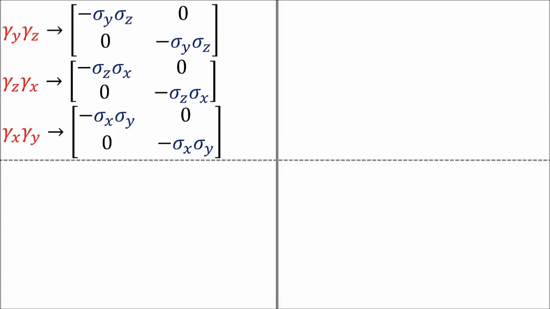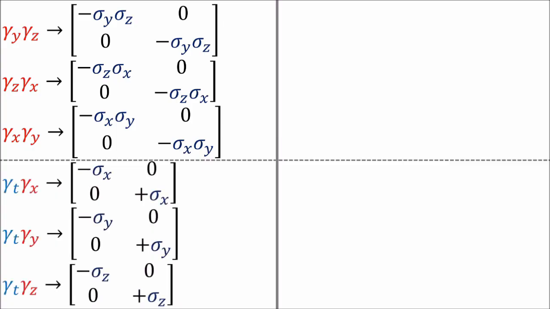For pairs of spatial gammas, the matrices have 2 identical blocks of sigma pairs, with a negative sign in front. Meanwhile, a combination of the time gamma and a spatial gamma gives blocks with a single sigma, where the top one has a negative sign and the bottom one has a positive sign.